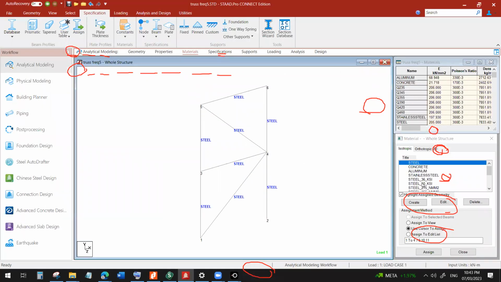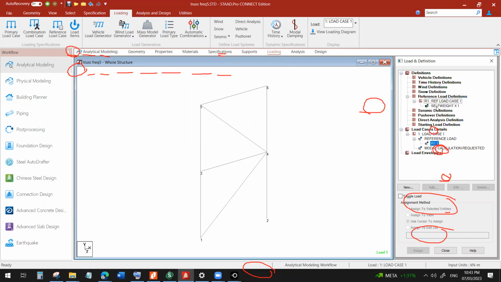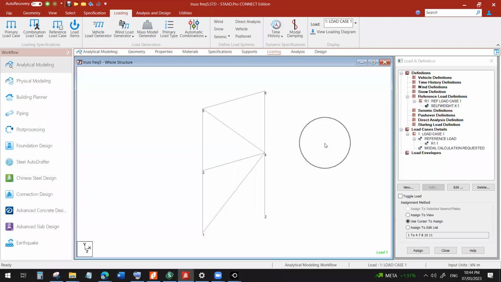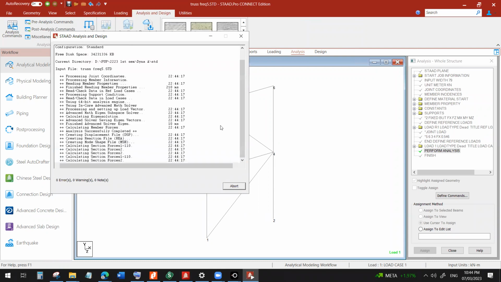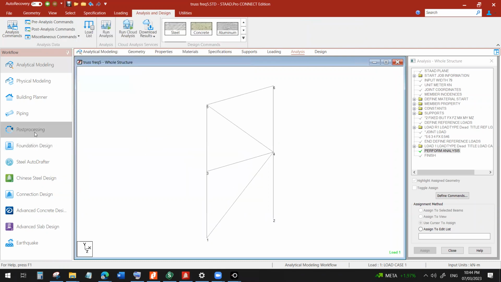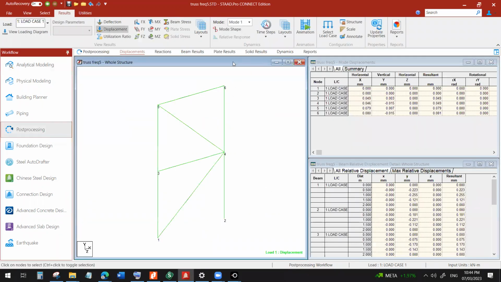Ayan. But before checking kay STAAD, di ba binago natin yung geometry? Okay. Self-weight. Kasi self-weight yung in-assume ko. Anyway, let's try to run this. Analysis. Ayan. So, post-processing and dynamics.